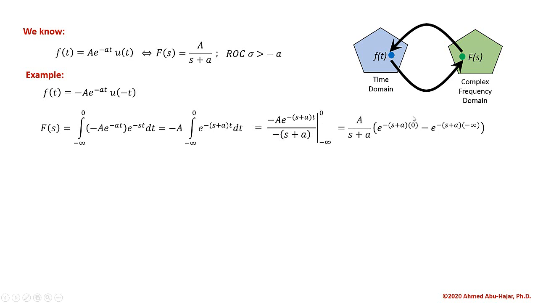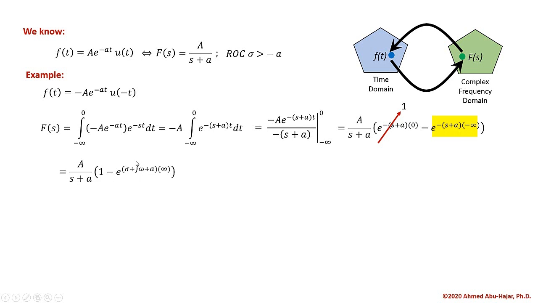So clearly this term here is going to go to 1, and we have to deal with this other term. When you multiply this minus by the minus infinity, it becomes positive infinity. The first term is the same, a over s plus a, and then I will have times 1 minus that term.